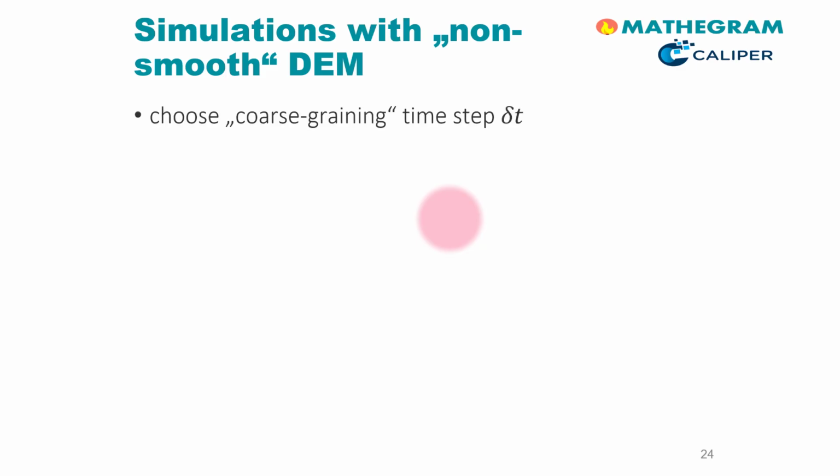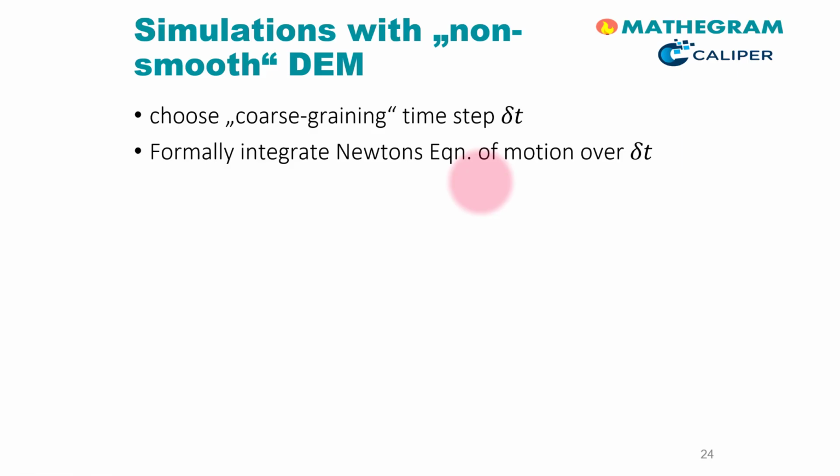First, we need to choose a so-called coarse graining time step delta t. One then formally and not numerically integrates Newton's equation of motion over this time step delta t.